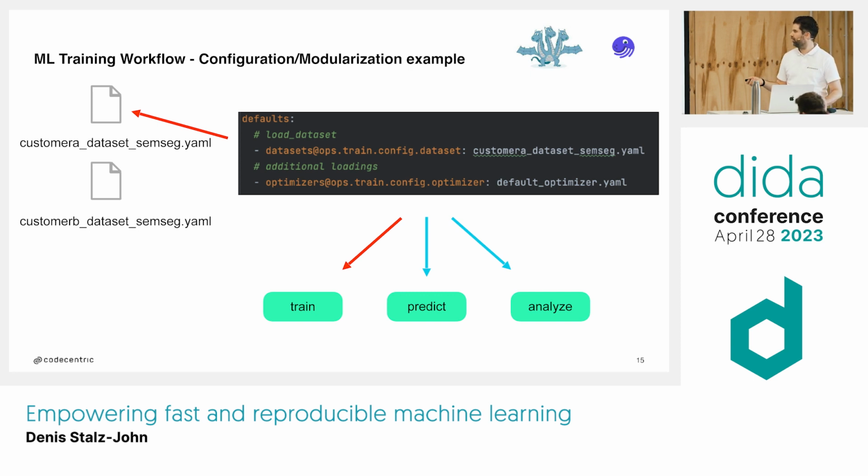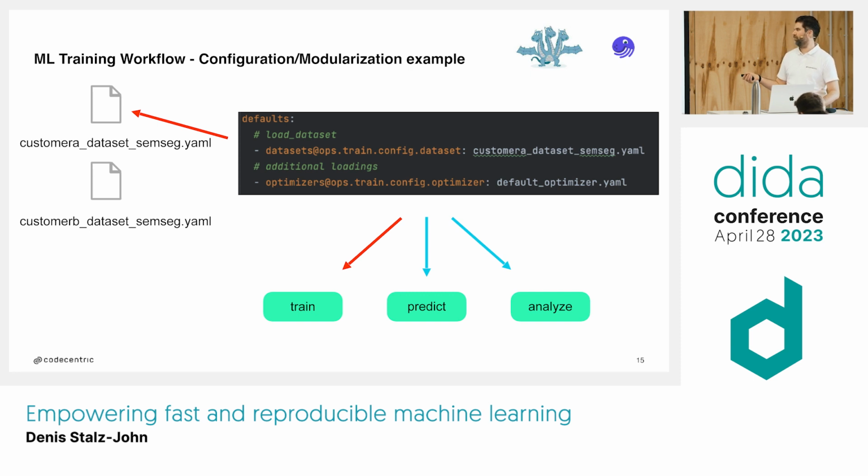For example, this line means look at the folder datasets and put the dataset which is loaded here, so the customer A dataset, at the dictionary ops train config dataset.